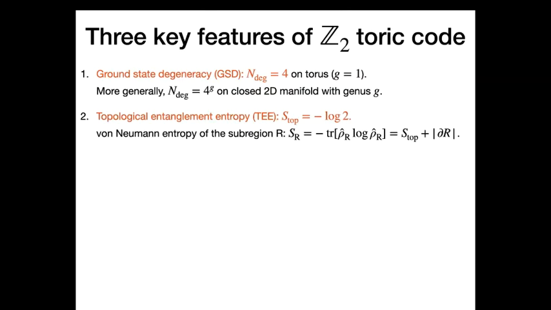So let me summarize what we have seen in this model. We have ground state degeneracy. More generally, so far we were discussing this model on a torus, but if you change the manifold, you will see this kind of behavior. You can compute the topological entanglement entropy of this model. I will give the details of the definition of entropy, but you see that it is given by this number.